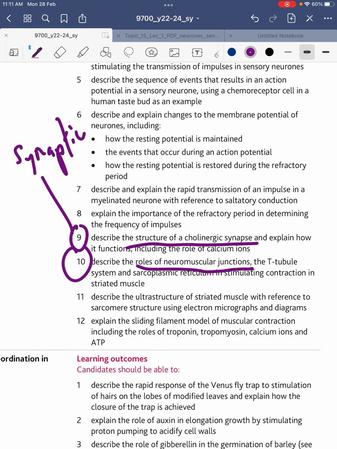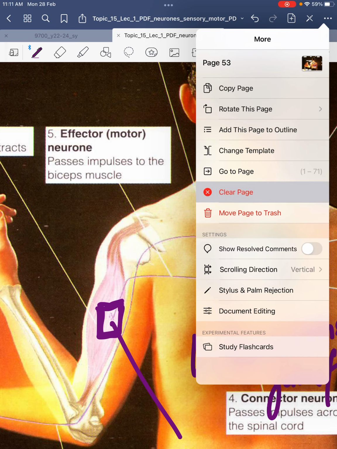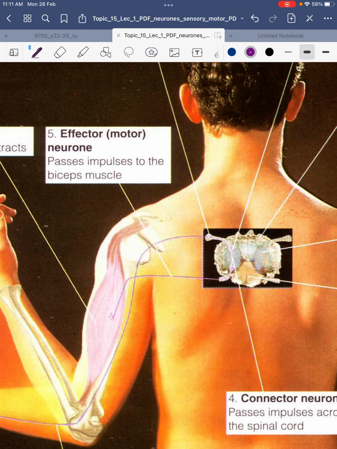So how do neurons communicate? Like how does this sensory neuron communicate with the interneuron?